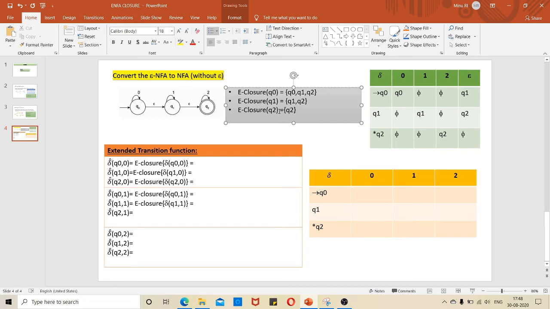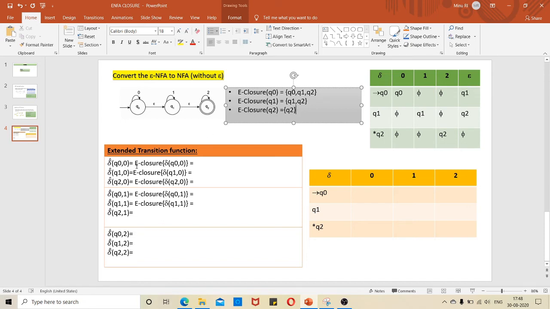Then what we have to do is that for each and every state, we need to find the extended transition function. I hope in my previous explanation of DFA, I would have given briefly what this extended transition function is. It is simply a way of writing and finding what happens from a state if an input is given. For example, in a Q0 state, if an input 0 is being given, where does it go? It goes to Q0, but it is bound with epsilon.